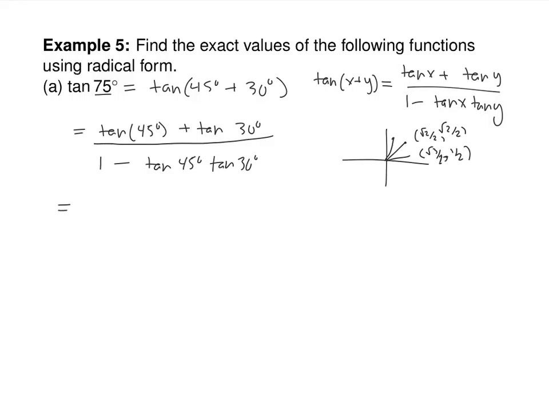So if you're asked to find tangent of 45, what's it going to be? 1 plus tangent of 30. Tangent is sine over cosine or y over x, right? So that will be 1/2 over root 3 over 2.